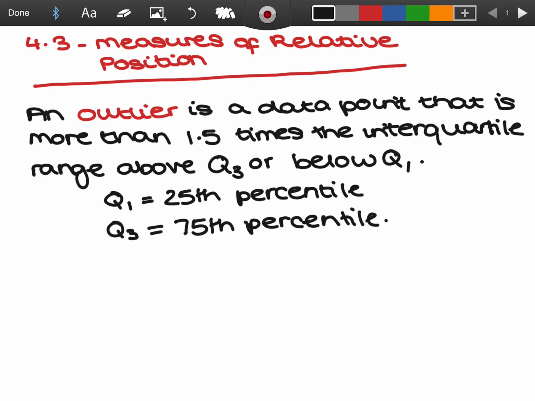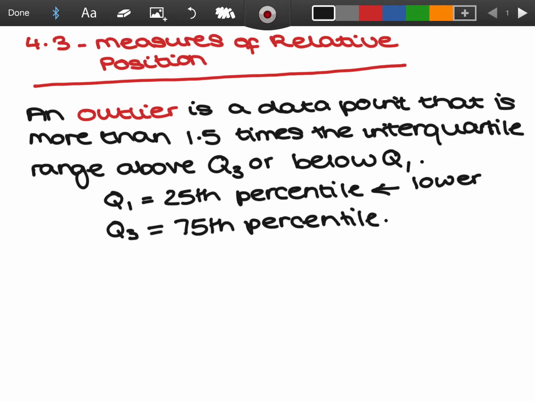Now we've looked at ways of actually working this out by hand, but then we looked at a calculator, and if you actually run one variable stats on that list of data where you find your mean and your median, you're also going to find Q1 and Q3, your 25th and 75th percentile.